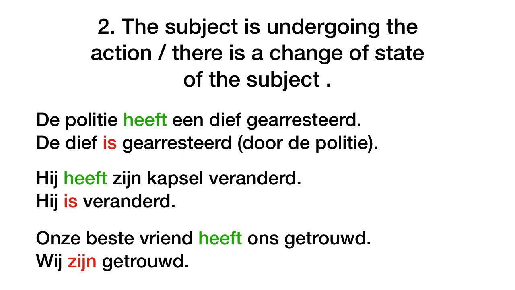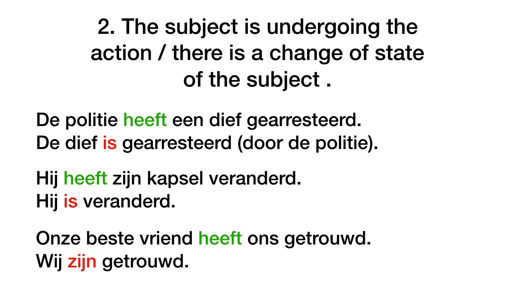Trouwen. It's a verb that almost always is used with zijn in perfectum. But in this sentence, it isn't.